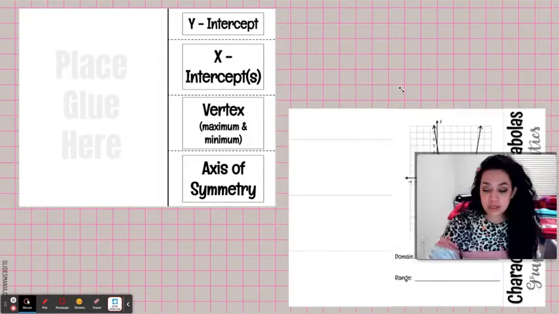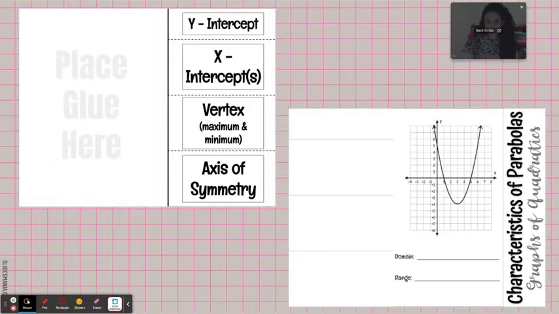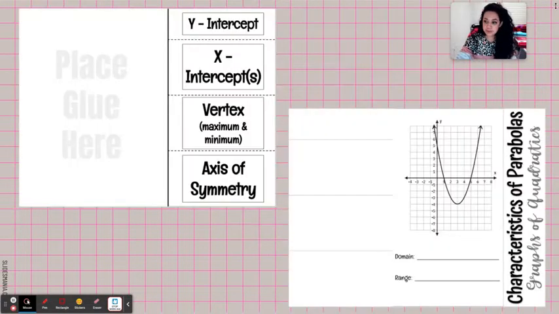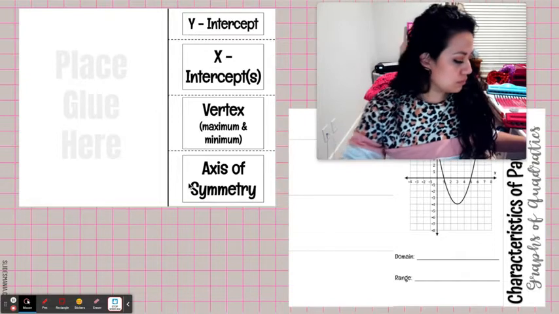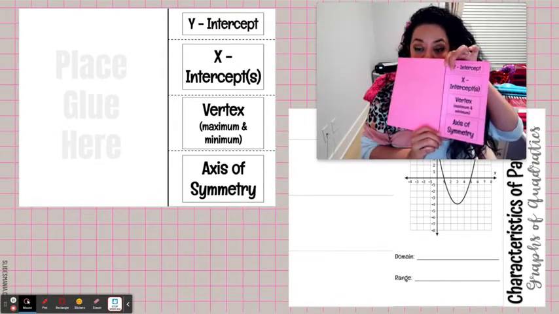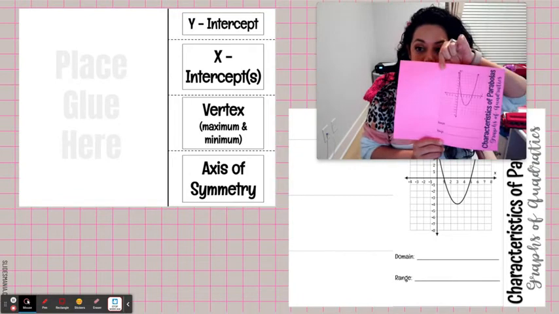All right, so before we begin, you have this either on Canvas. You can print it out if you're at home, or if we are able to see each other at school, I have it for you as well. When you print it out, it's two sides, front and back.